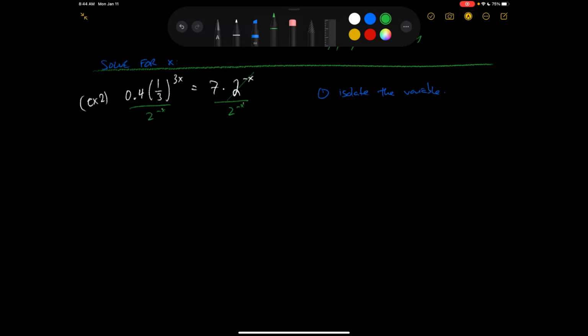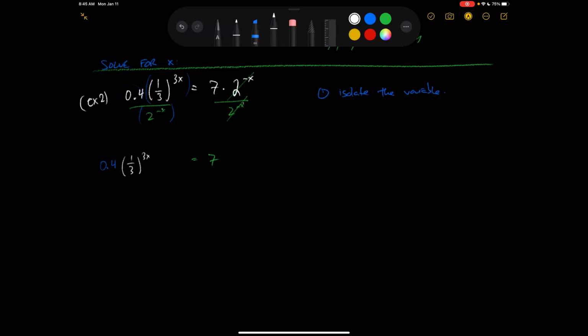Okay, so over here, this will cancel. It's good. We'll just be left with 7 on this side. And over here, we're really going to focus on this piece and this piece. We've got this 0.4 as a scalar coefficient to the side. So I've got 1/3 to the 3x.